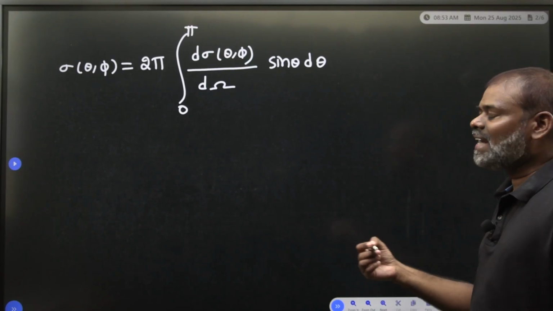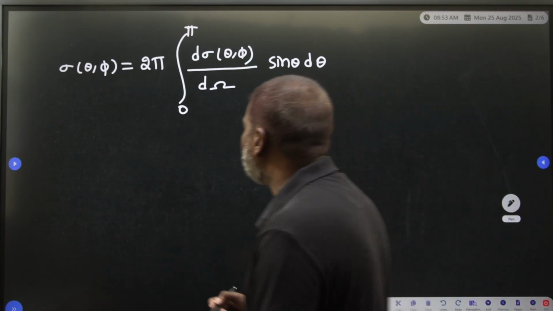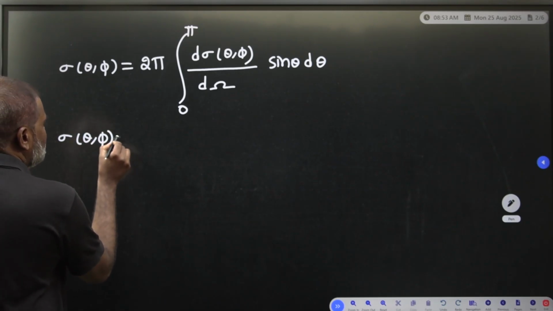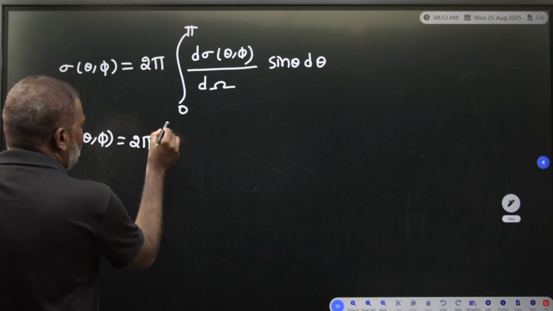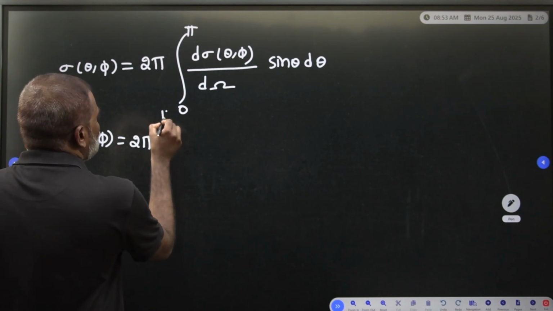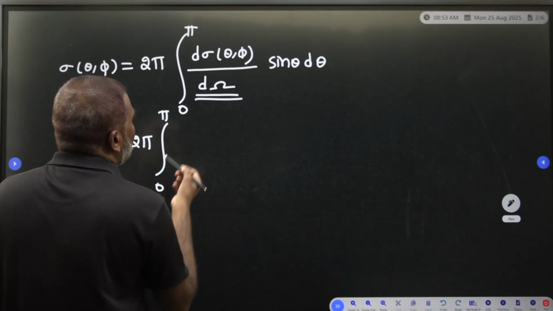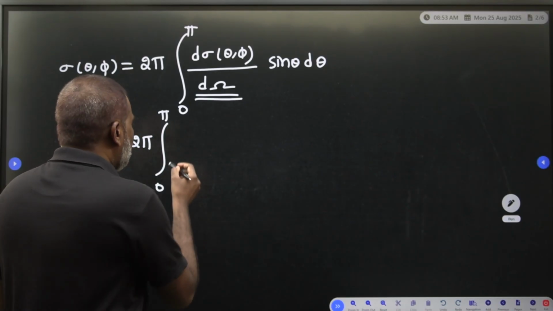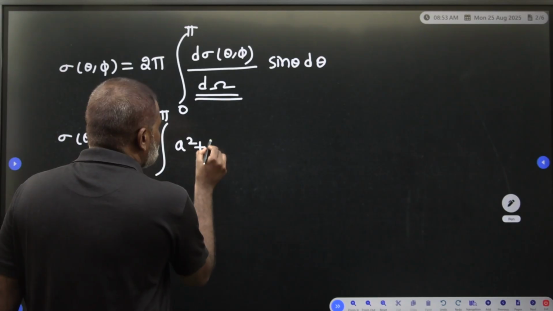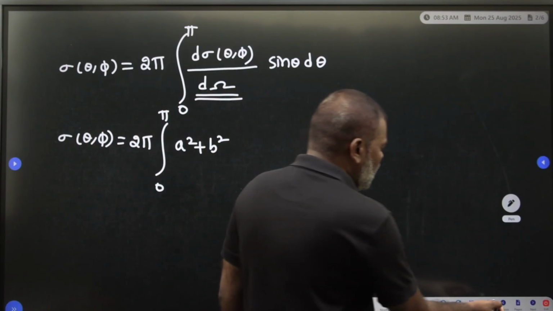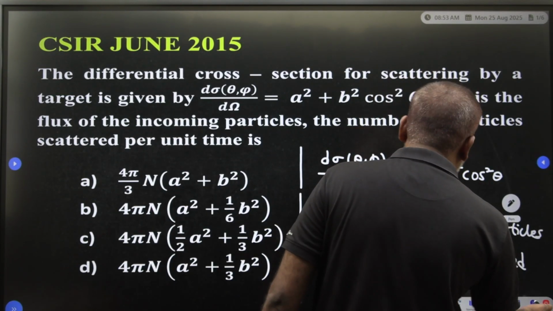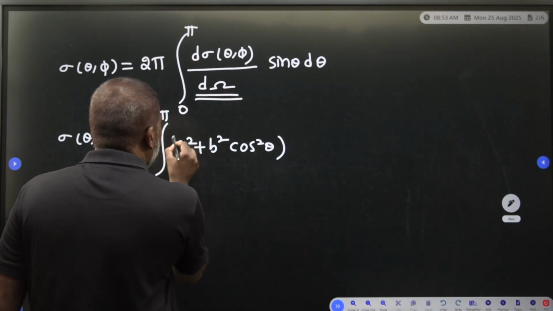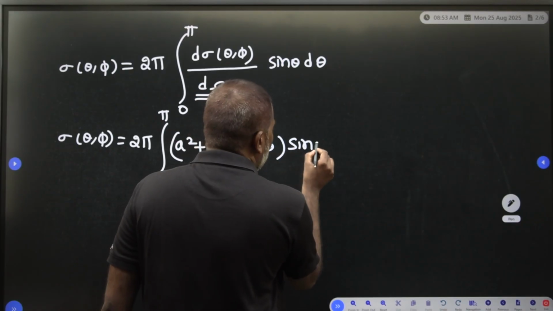You know that sigma is equal to 2 pi into the integral from 0 to pi of d sigma by d omega, which is a square plus b square cos square theta, into sin theta d theta.